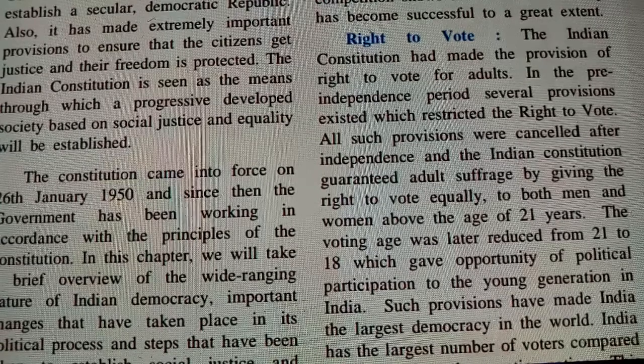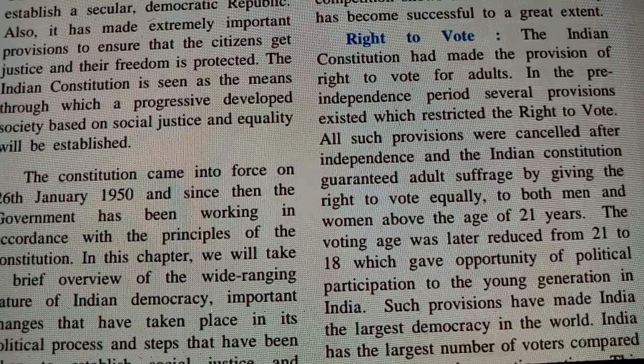Next is the right to vote. The Indian Constitution made the provision of the right to vote for adults. As you all know, to vote during an election we should have a specific age, meaning 18 and above. Only then can we vote in elections.